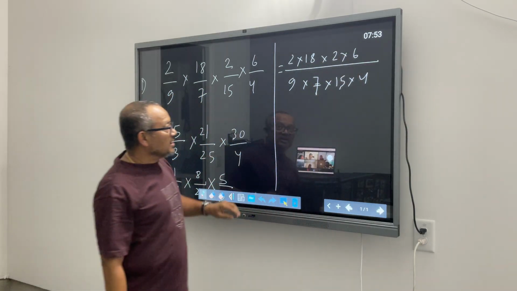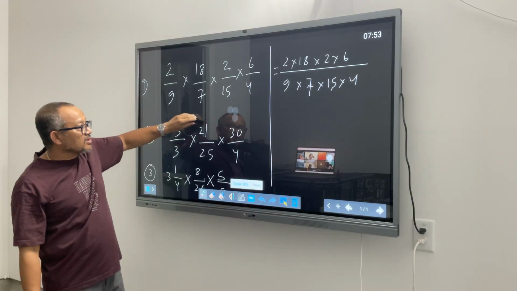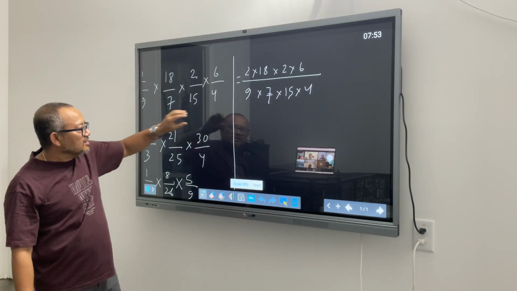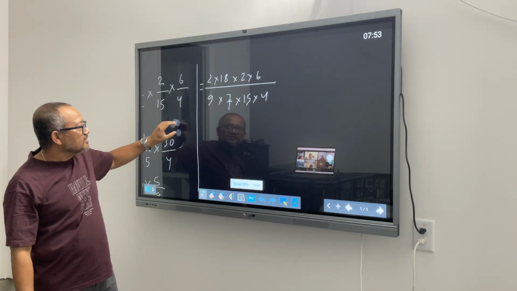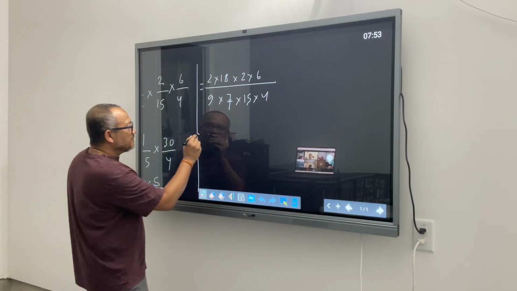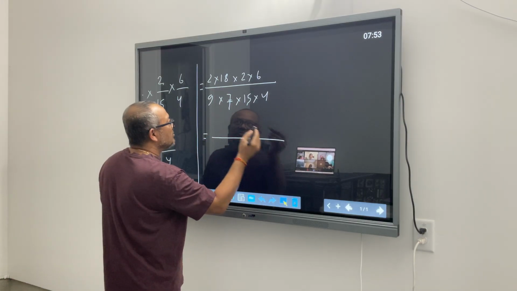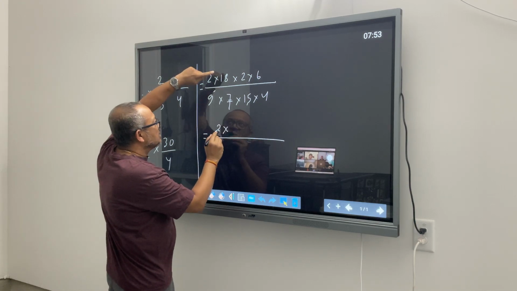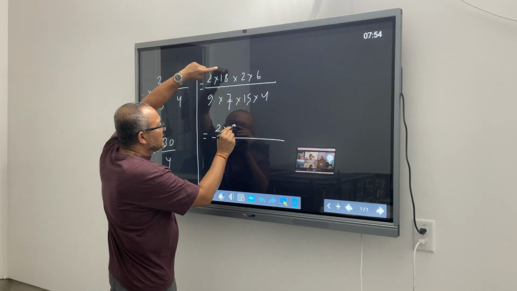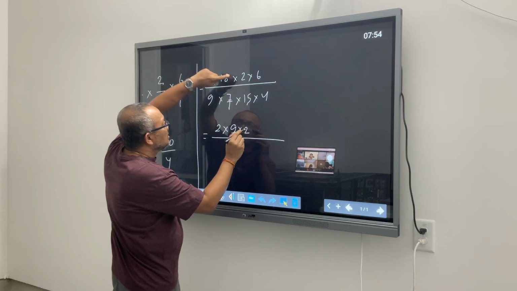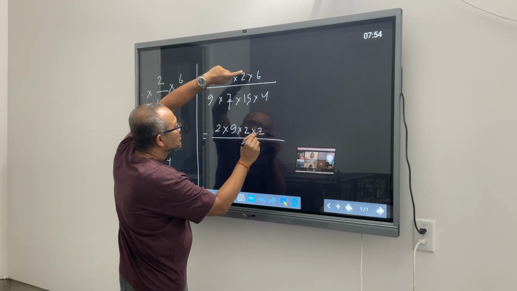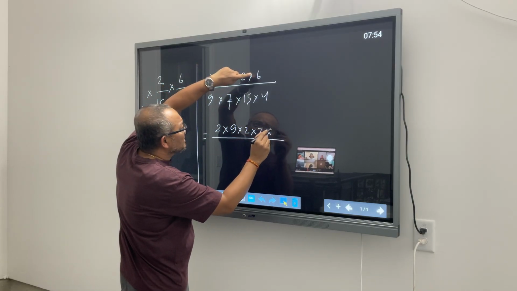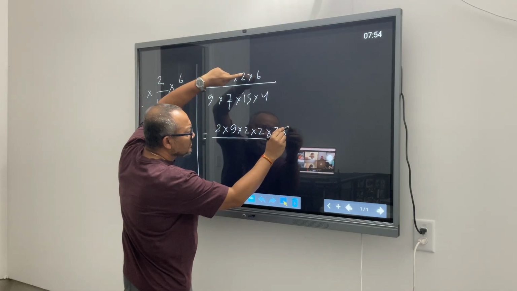Now, let's break this. What will happen here is, now we are going to break the numbers. I have a 2, 2 is a small number, let's not worry about it. 18 I can write as 9 into 2. 2 is a small number, let's not worry about it. 6 I can write as maybe 3 into 2.